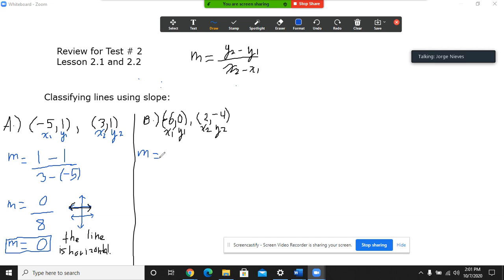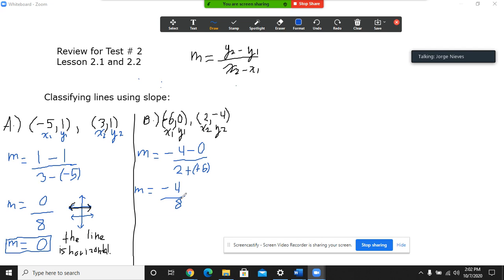So it will be y2 minus y1 will be -4 minus 0 over 2 minus -6. Okay. So esto nos da, estudiantes, en la parte de arriba sería -4, okay? -4, and in this part, this will turn to positive, so it will be 8.